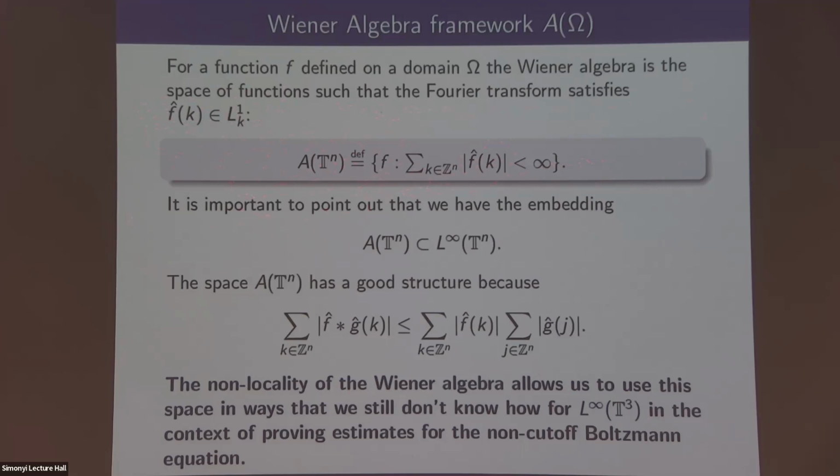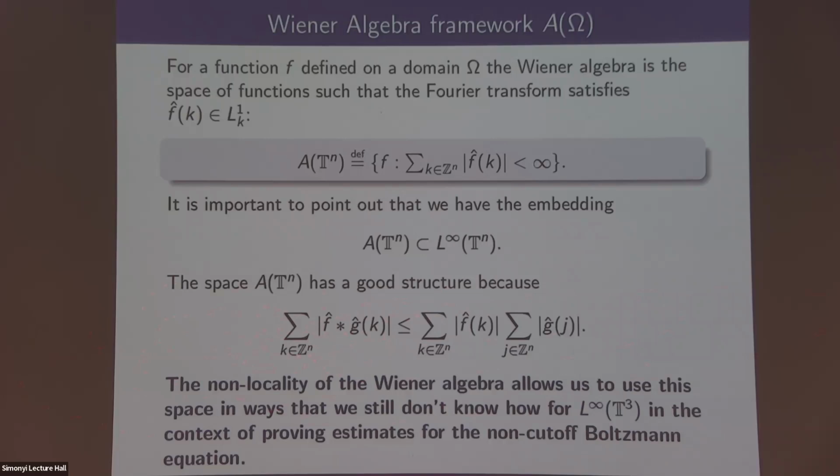This is important because the Wiener algebra is contained in L infinity. The Wiener algebra behaves in a lot of ways like L infinity, except it's non-local and it has a little bit more structure. It has nice structure because when you take Fourier transforms of products of functions, they turn into convolutions of those Fourier transforms.